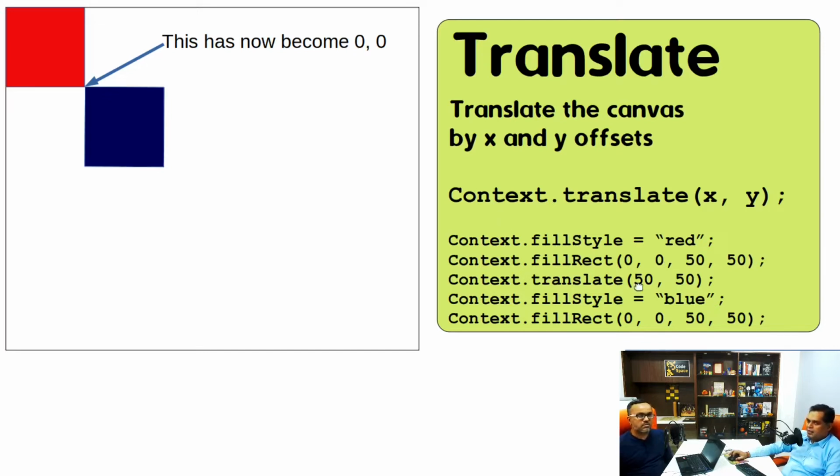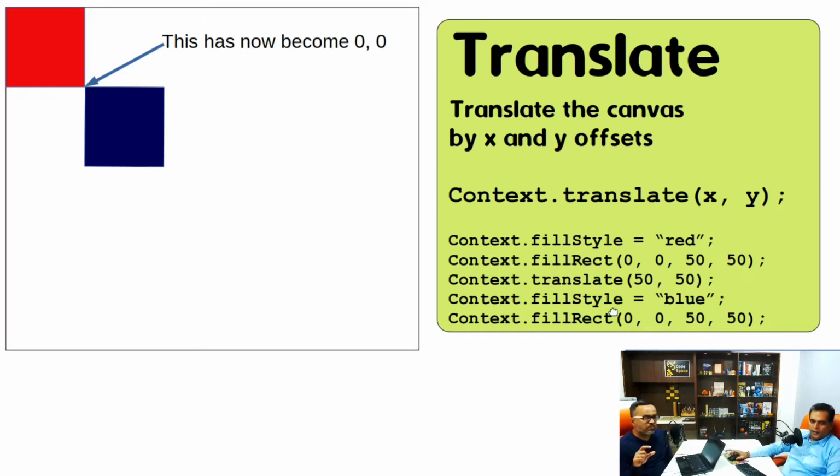And then I say translate 50, 50, and I draw a blue rectangle at the same 0,0 location. On the canvas, it will appear as if I have drawn it at the 50, 50 location, because of the translate, it will appear as if it's offset by that much.